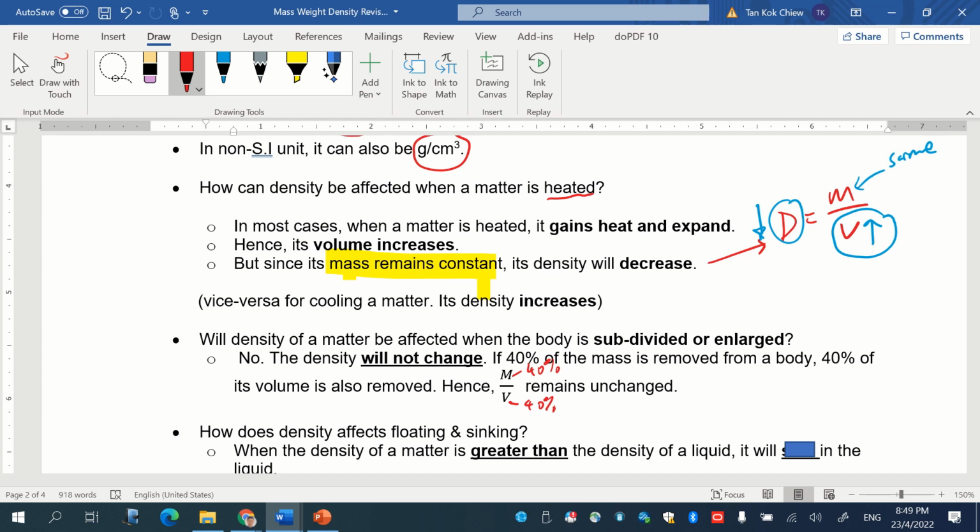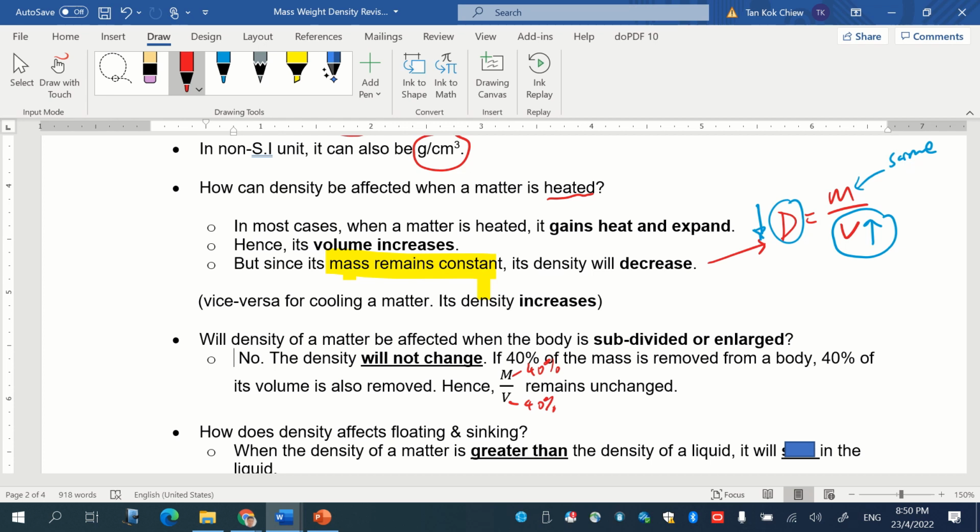There are questions in O level that ask, if I give you a metal plate that has a density of, let's say, 20 gram per cm cube, and I drill 5 holes into the metal plate, will the density change? The answer is no. It will still remain at 20 gram per cm cube.